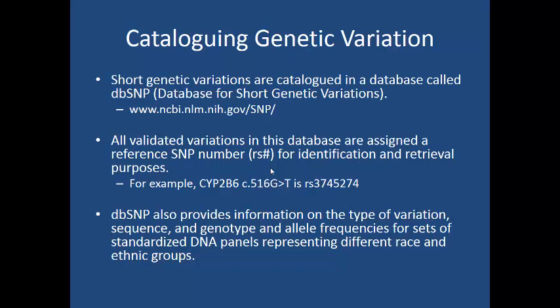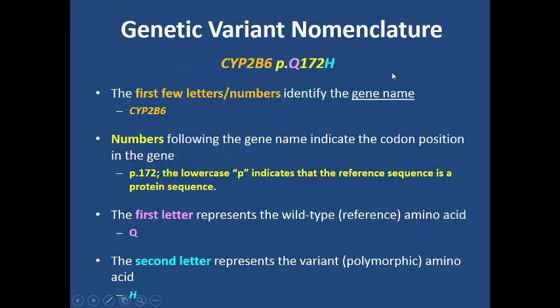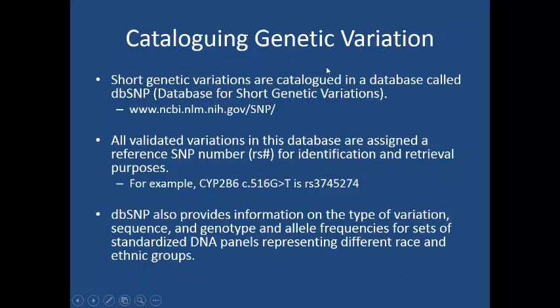It'll tell you about, basically, that it results in a change in the code for an amino acid at codon 172. It'll show you this information here, and it'll show you a snippet of the sequence of where it is located.